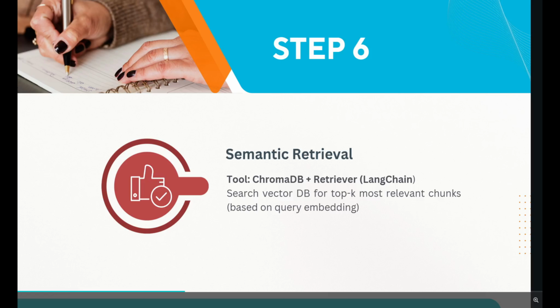Now in step 6, we will take the user query from the previous step using the interface, and then that query will also be converted to an embedding, and then that embedding is used to actually search the ChromaDB, right? And that is how it will search for the top k most relevant chunks in the vector data store based on the user query embedding. So is it clear now?